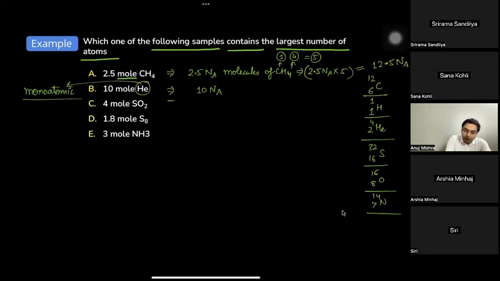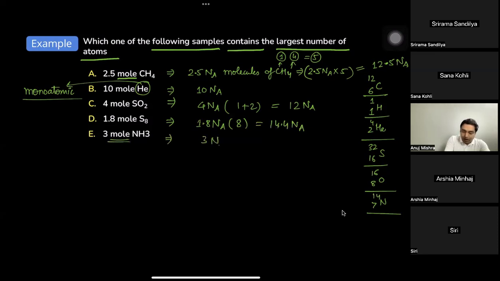Next, 4 Na, 1 sulfur, 2 oxygen. So can we say this is 12 Na? Next, 1.8 Na into 8. What does it come out to be? 14.4 Na. Last one, 3 moles.